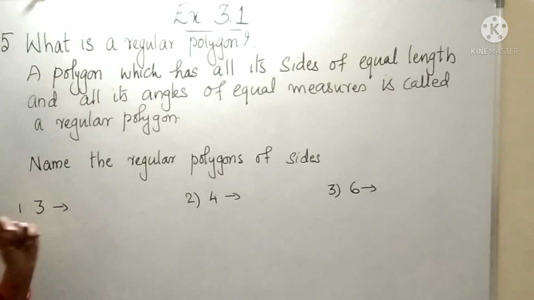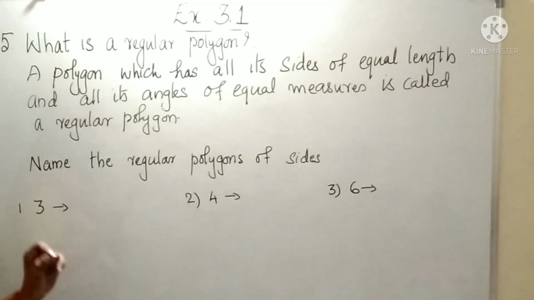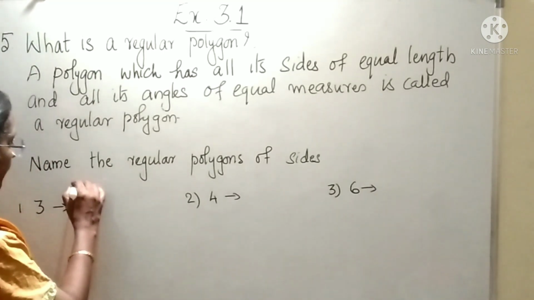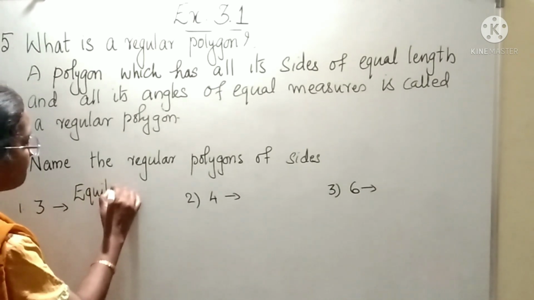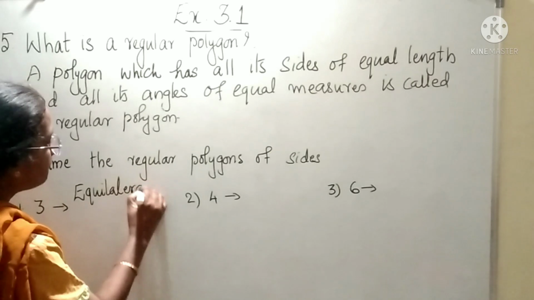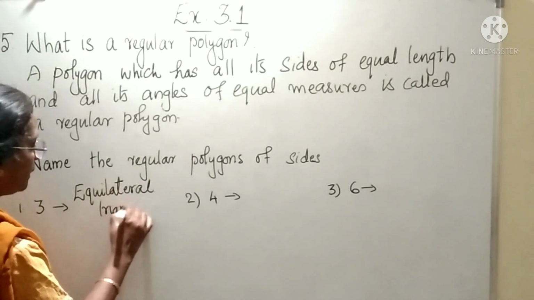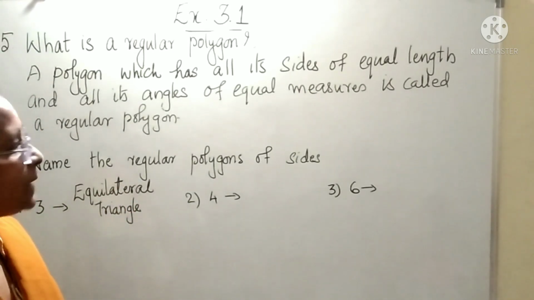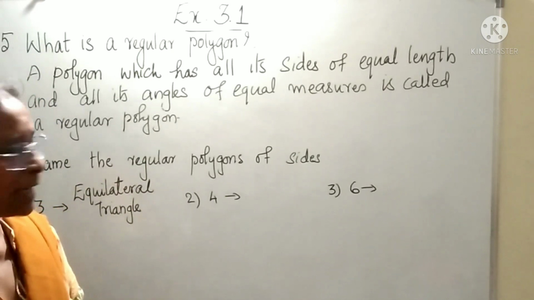If there is a polygon with 3 sides, what is it called? It is called a triangle. Now if all the 3 sides are equal, then what is it called? An equilateral triangle. An equilateral triangle is a regular polygon with all three sides equal.